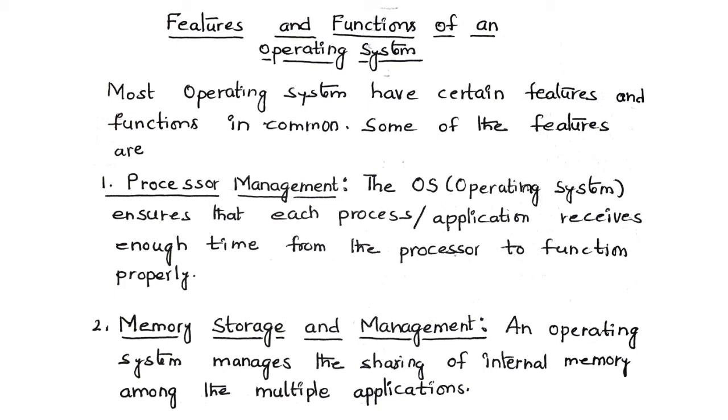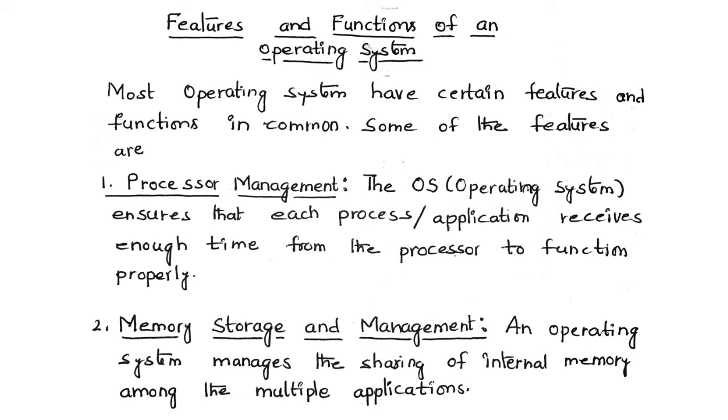Now, come to the second one, memory storage and management. An operating system manages the sharing of internal memory among the multiple applications. It also takes care of the fact that one process should not consume the memory allocated to another process.